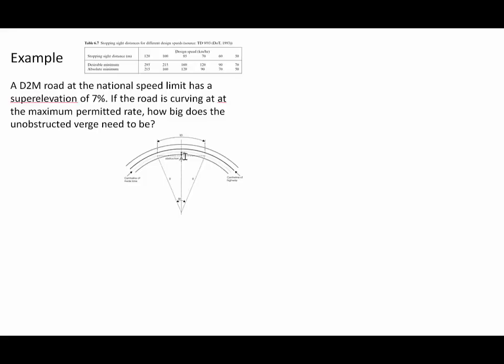Okay. So D2M, therefore the design speed is 120 kilometers per hour. 120 kilometers per hour, desirable minimum, stopping distance is 295 meters.